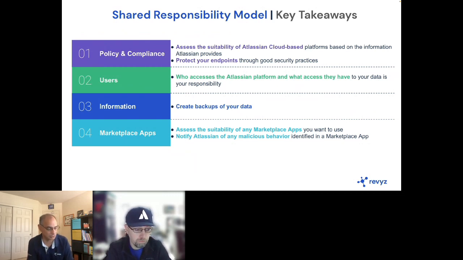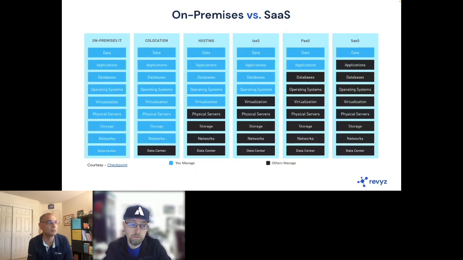All the other pieces, if I go back to the previous slide which we were talking about, all the other pieces about patching up the operating system where the application is running, maintaining the machines, the physical security, all of that becomes the responsibility of Atlassian.